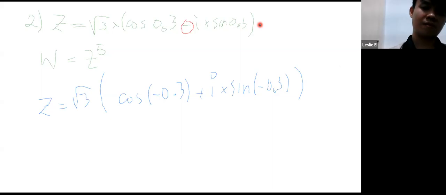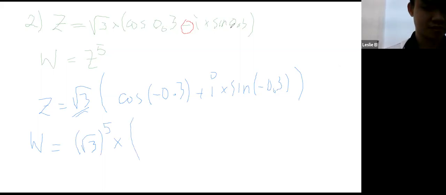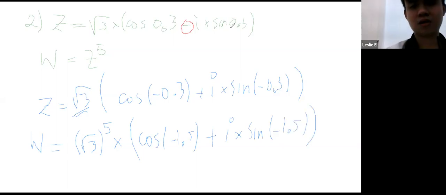No. So what is the point of changing it back? When you say W is equal to Z to the power of 5, it means the R, you power it by 5, so we get root 3 to the power of 5. What do you do to the angle? You add it with itself, how many times? 5 times. So I suggest that if you're going to add the angle, you should keep it back as a plus sign.